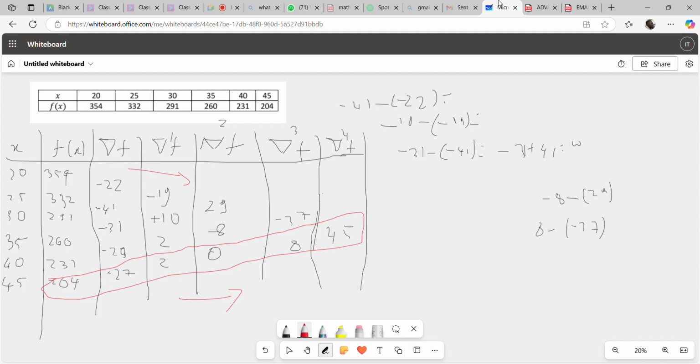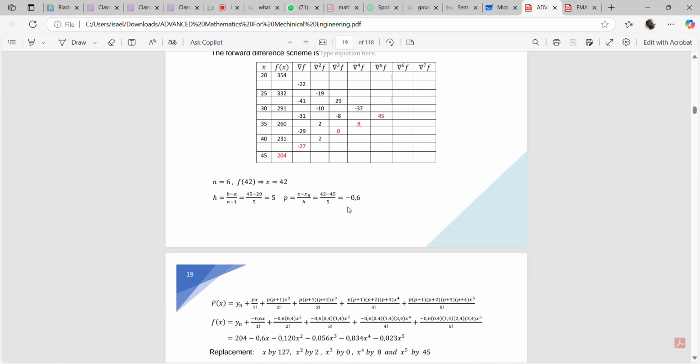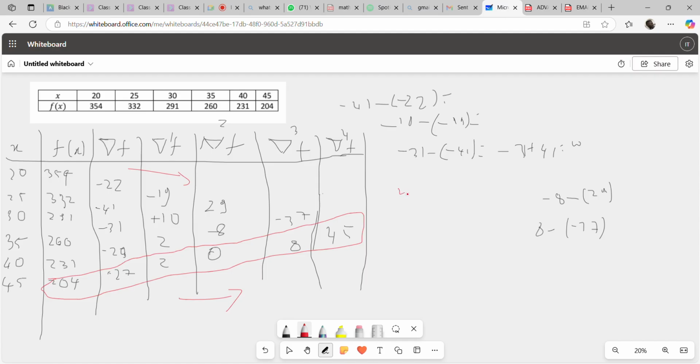The second one is also the formula. When you look at the formulas, to find H, it is the same. H is still B minus A over N minus 1. How do you get B? You are here, the biggest one.